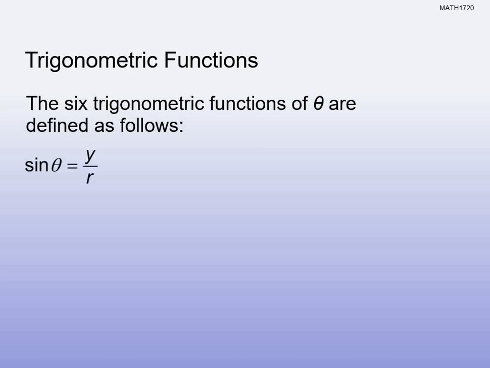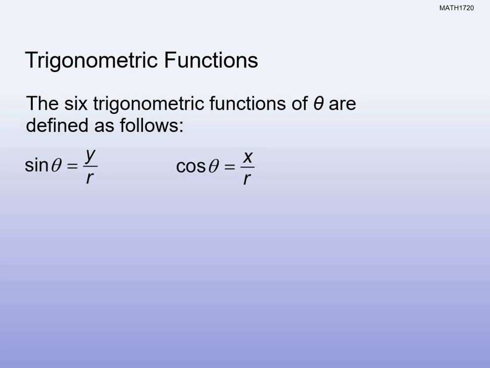Alright, so the 6 trig functions: sine of theta is always going to be y over r. Or you learned it as y over h, or as opposite over hypotenuse, okay? But I want you to think of vertical over the radius, or vertical over hypotenuse in this case.